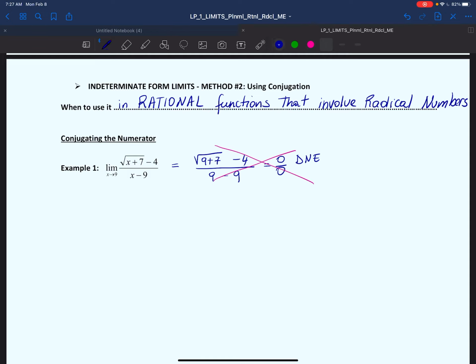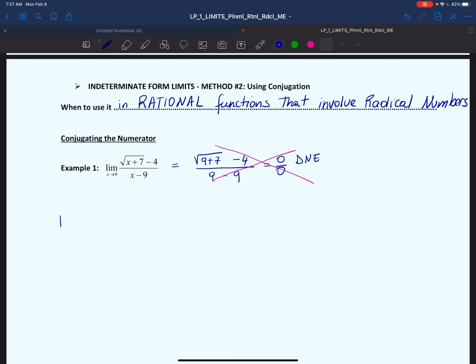I noticed that in this limit, or in this equation, I should say, the radical number is in the numerator. And what I want to do is conjugate the numerator so that I can somehow gain access to x in the numerator, and hopefully simplify it with the denominator. So here we go.